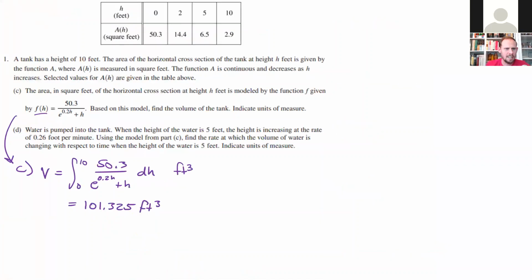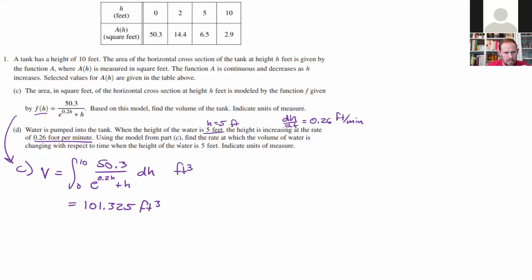All right, part D. Water is pumped into the tank. Okay, so now we're filling it with water. When the height of the water is 5 feet, so when h equals 5 feet, the height is increasing at the rate of 0.26 foot per minute. So that's dh/dt, the rate of change in height with respect to time, 0.26 feet per minute. Okay, this makes me think it's probably some sort of related rates.